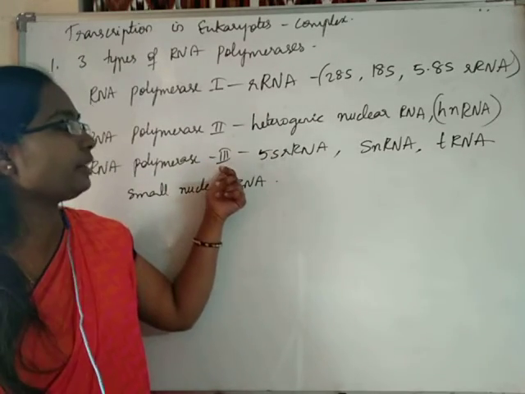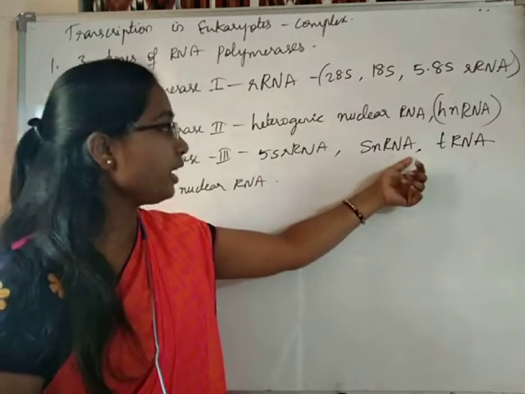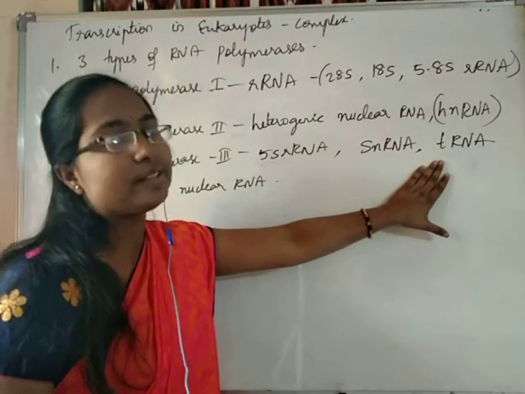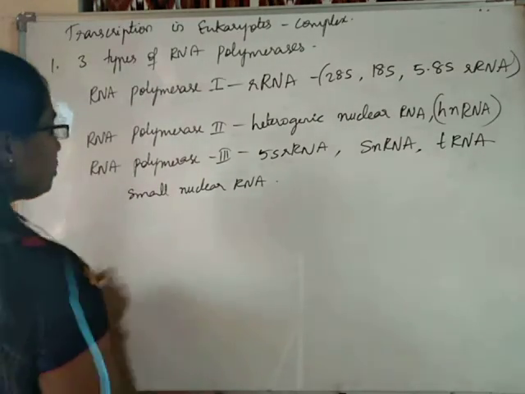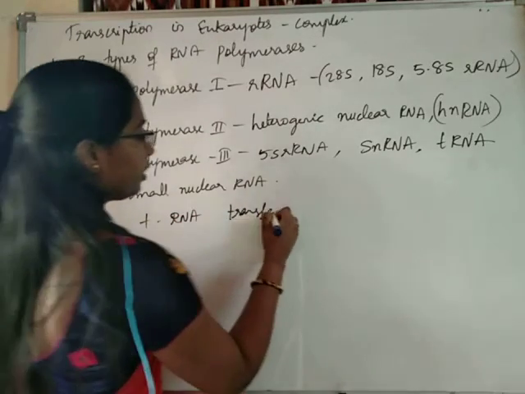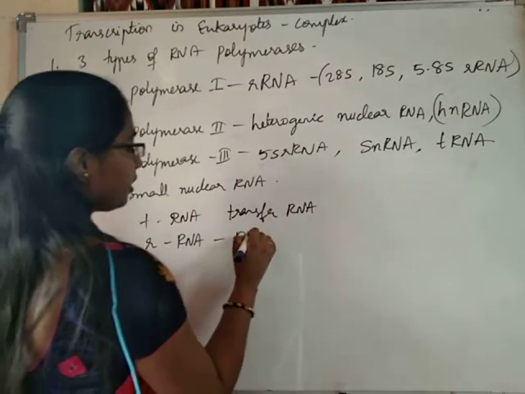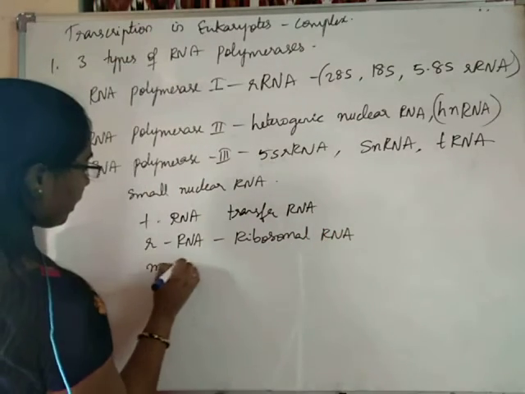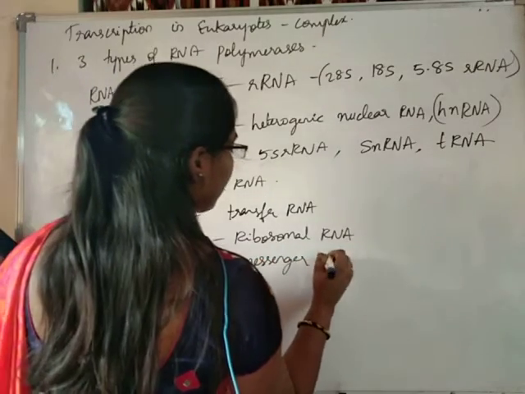RNA polymerase 3 will catalyze the formation of 5S rRNA, snRNA, and tRNA. snRNA means small nuclear RNA. tRNA means transfer RNA. rRNA means ribosomal RNA. mRNA means messenger RNA.